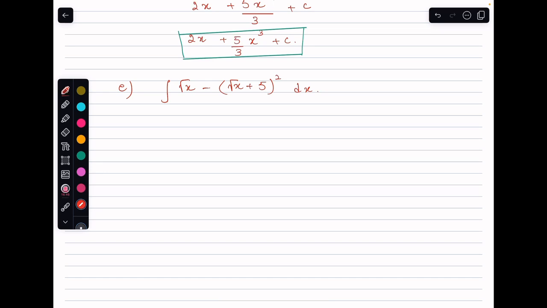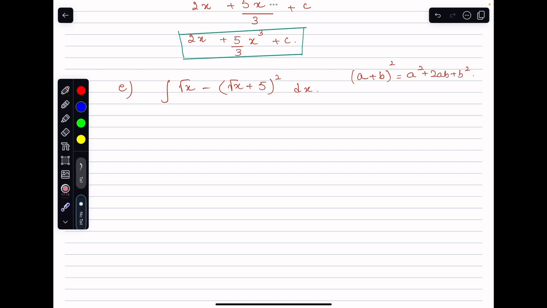So let's integrate with the radical sign. So this says it has to be the integral of (√x − (√x + 5))² dx. So with respect to this square, let's first apply the quadratic identity for (a + b) the whole square, which is equal to a² + 2ab + b².